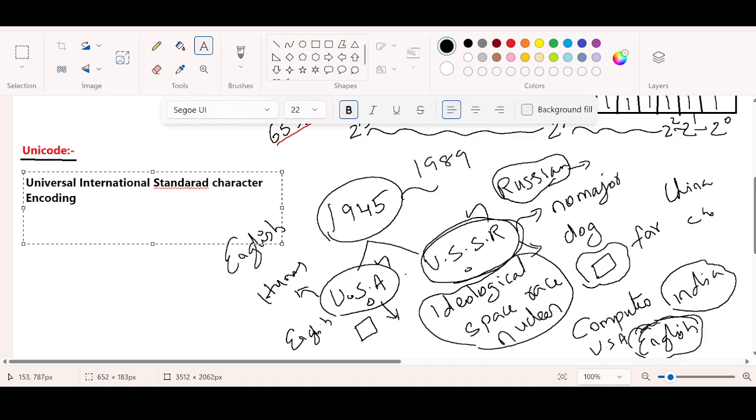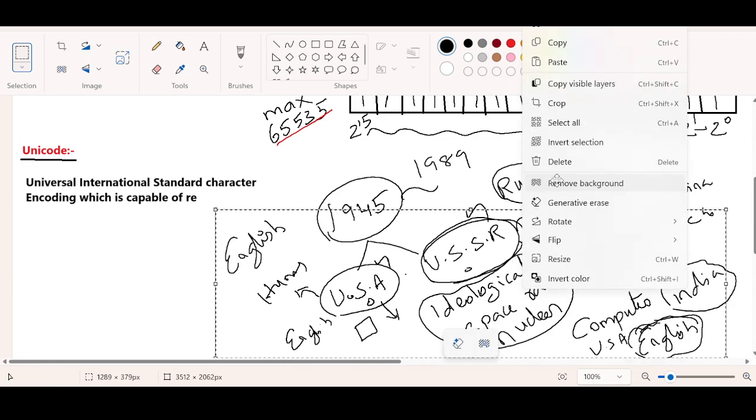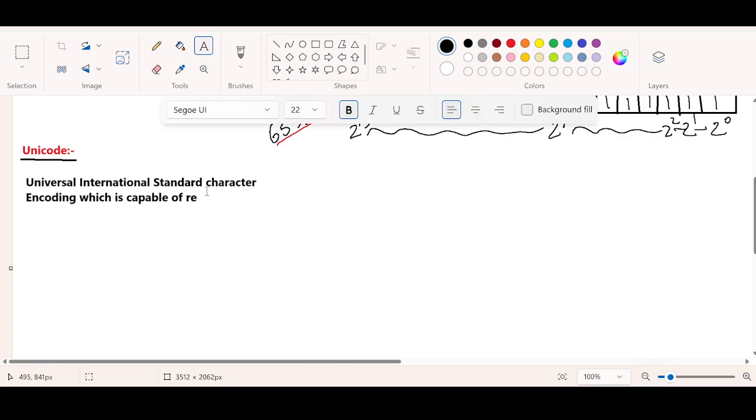Unicode is an acronym for Universal International Standard Character Encoding, which is capable of representing all the major languages in the world.